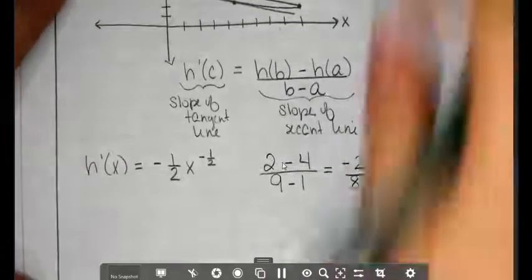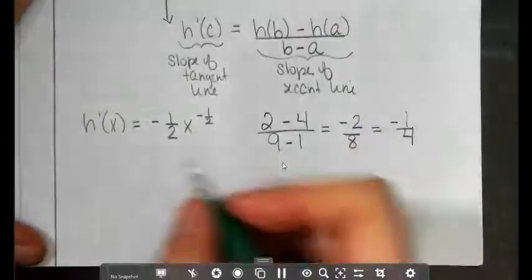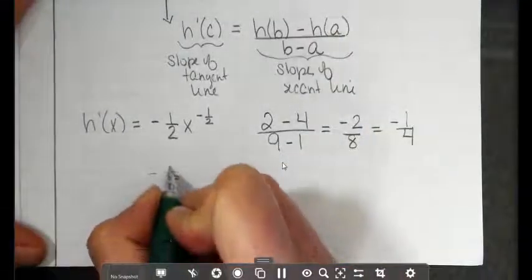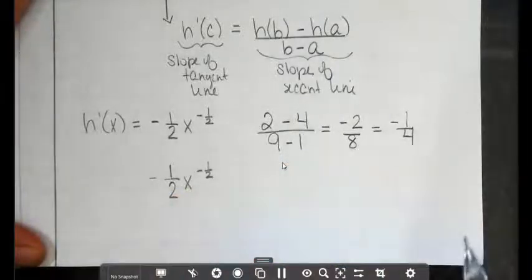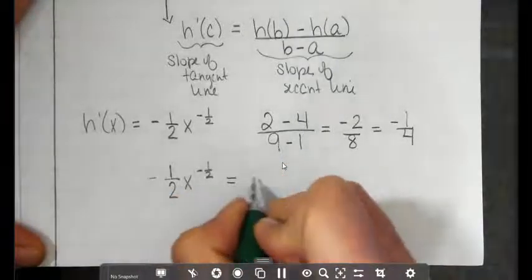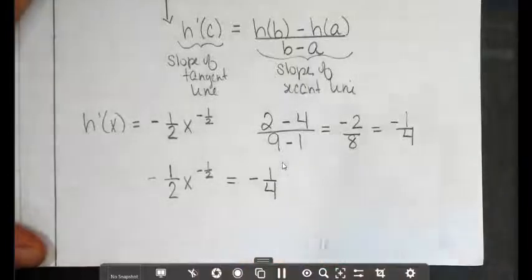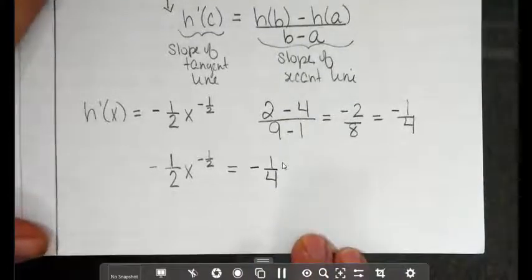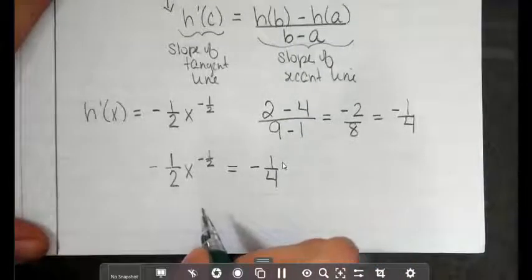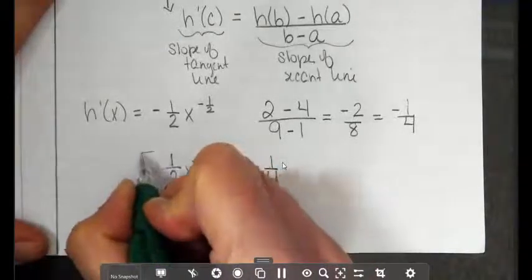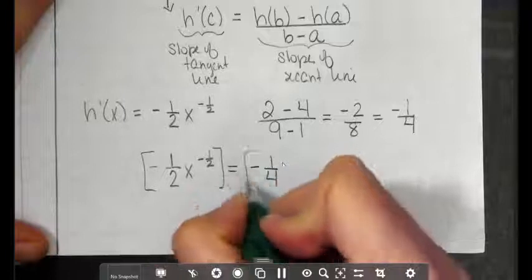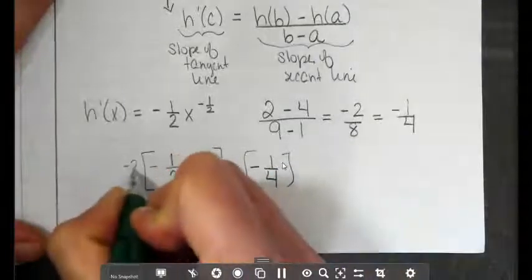Okay, so I'm going to set those equal to each other, and then I'm going to solve for x. It might be best if I got rid of this negative 1/2 first, so I'll multiply both sides by negative 2.